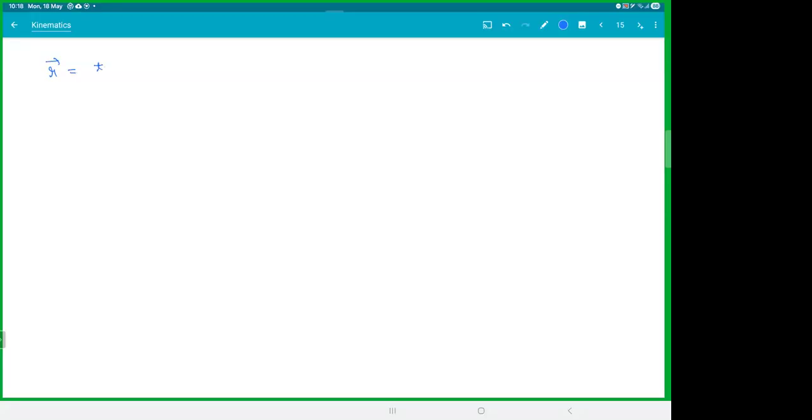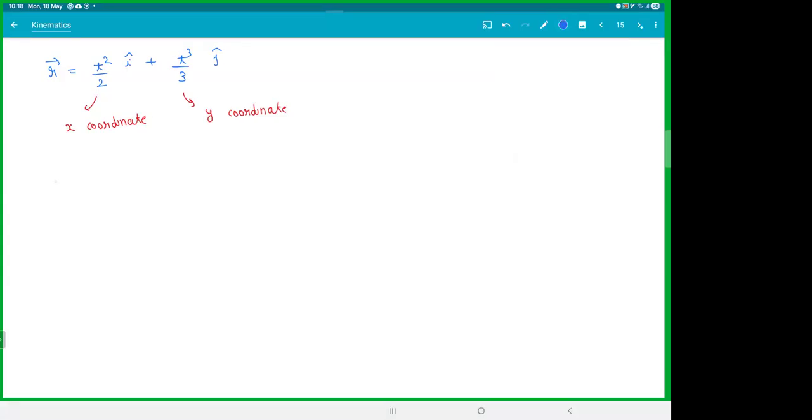So we got t square by 2 i cap plus t cube by 3 j cap. Indirectly, this was your x coordinate and this was your y coordinate. Isn't that the meaning of xi cap and yj cap, the position vector?